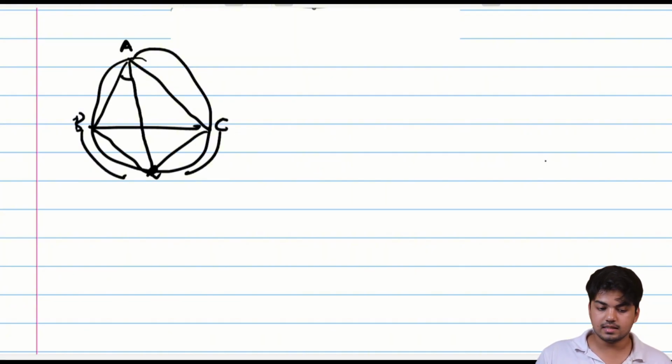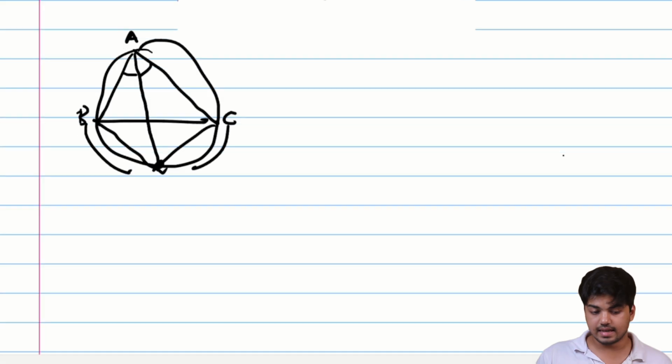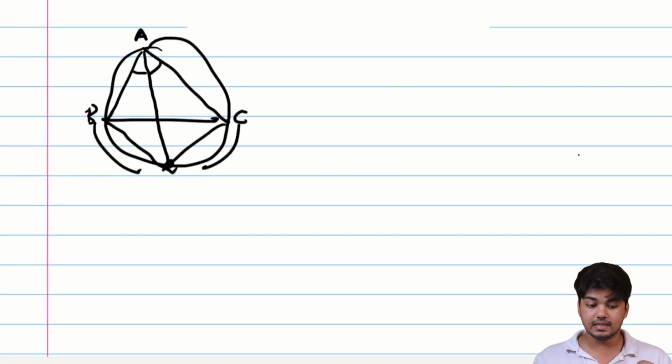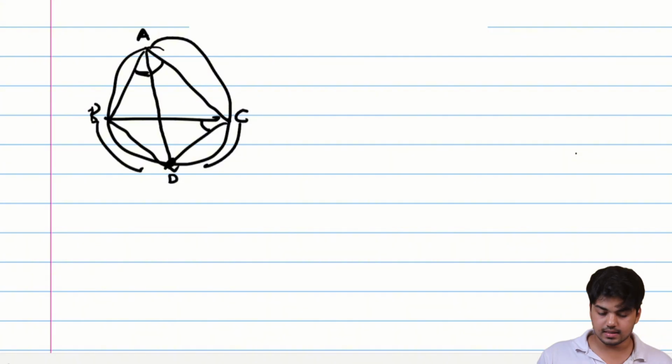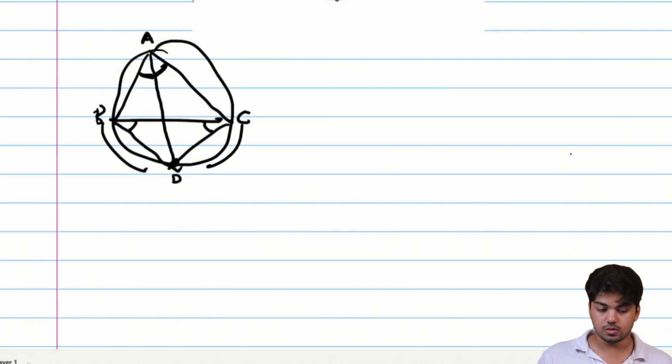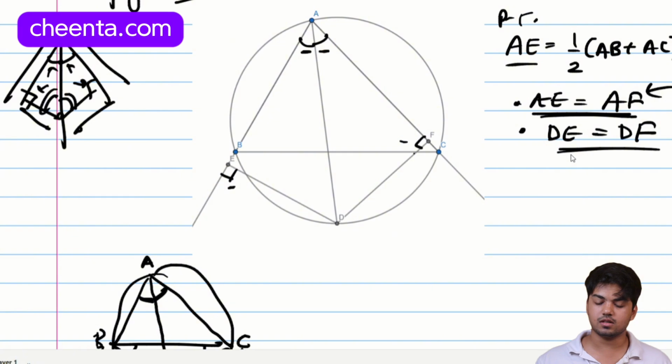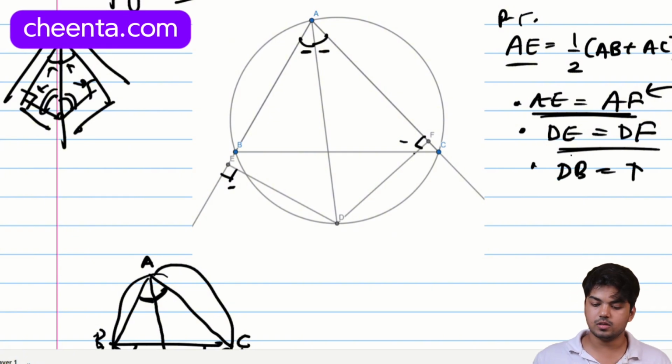Since this is an angle bisector, this angle is equal to this angle, but since A, B, C, D form a cyclic quadrilateral, this angle is equal to this angle, and this angle is equal to this angle. So DBC is equal to DCB, or DB is equal to DC. It's an isosceles triangle. So in particular, D is the midpoint of this arc, and this is extremely useful for us. DB is equal to DC.